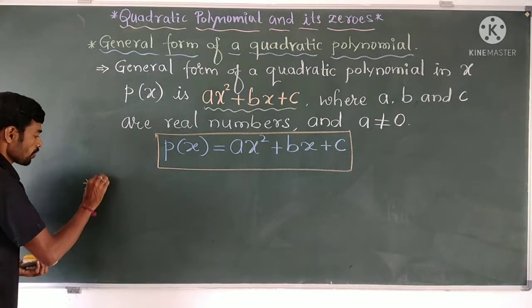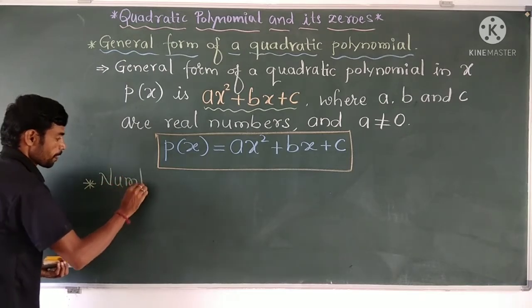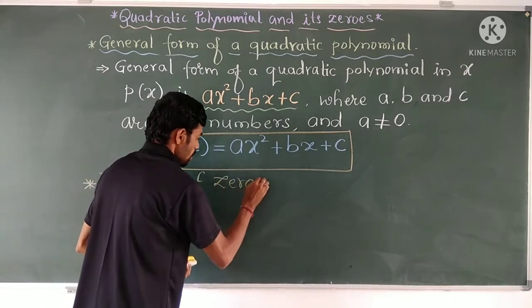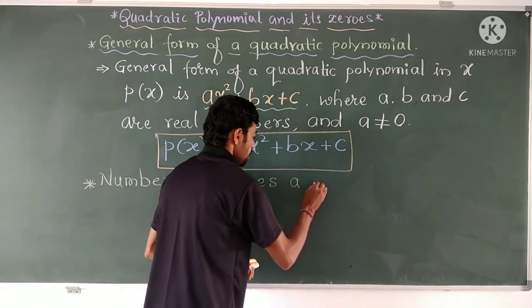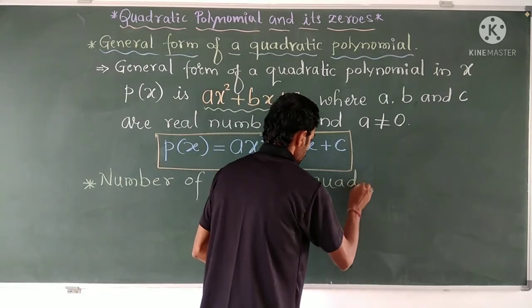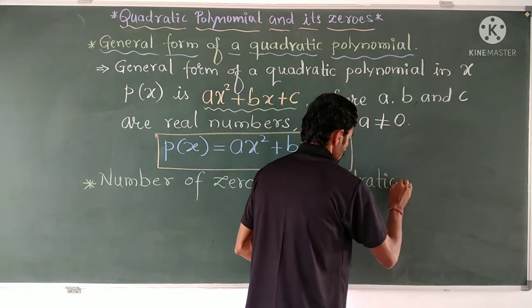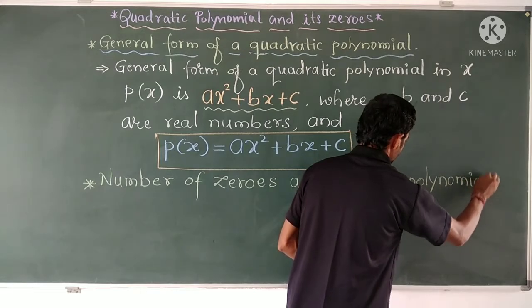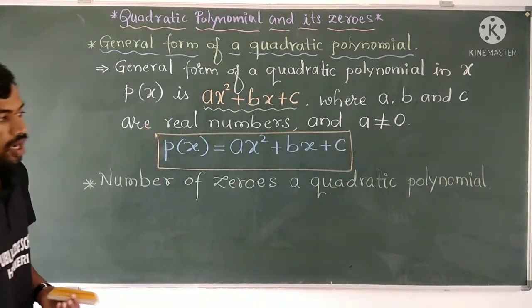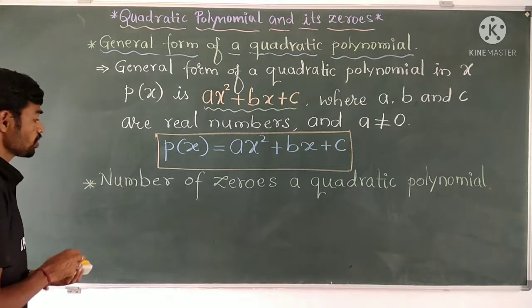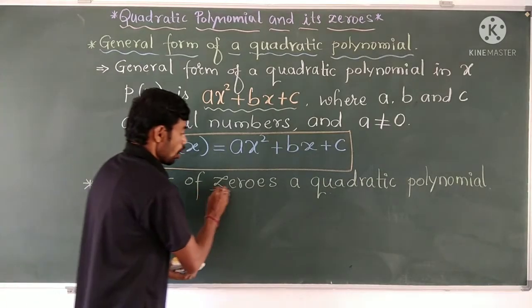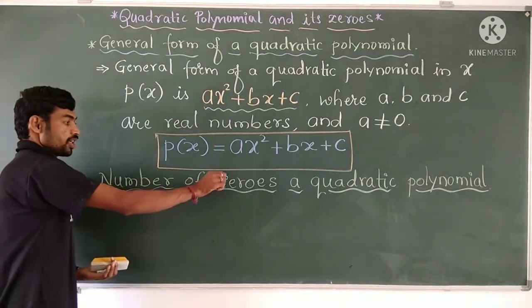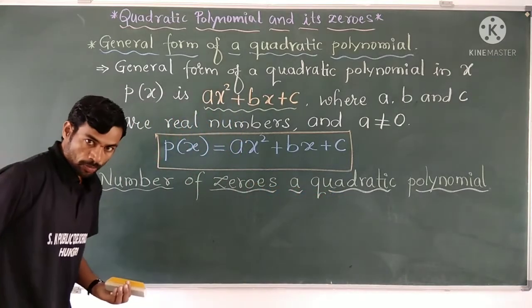Next, the number of zeros a quadratic polynomial has. How many zeros can we find at most in a quadratic polynomial?